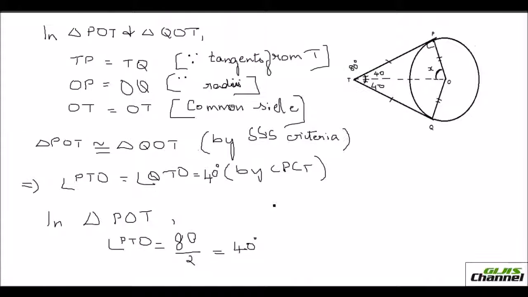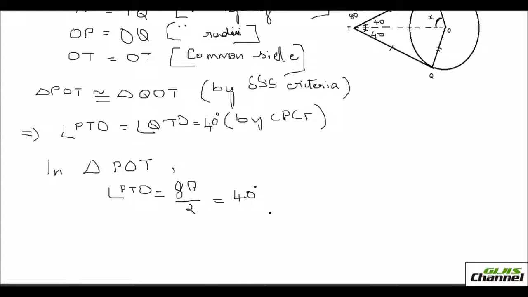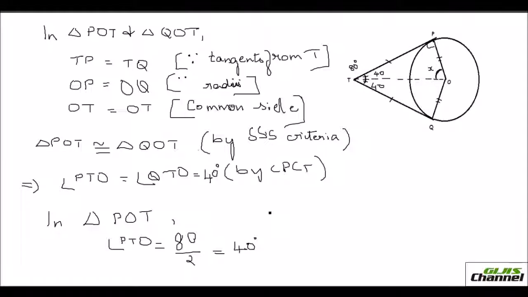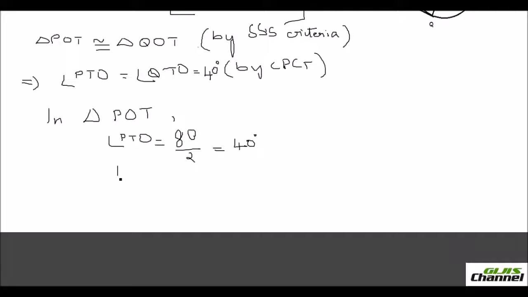And also we know that the tangent and the radius will make 90 degrees, right? So I can write that angle TPO is equal to 90 degrees. Therefore angle POT will be equal to 180 minus 90 plus 40, right?